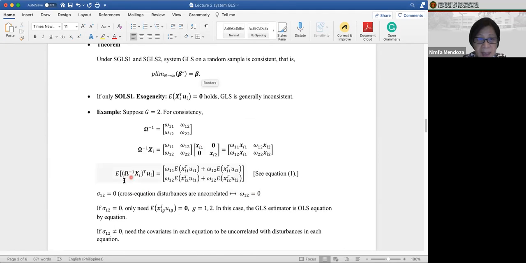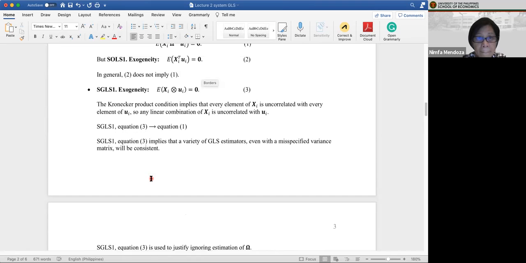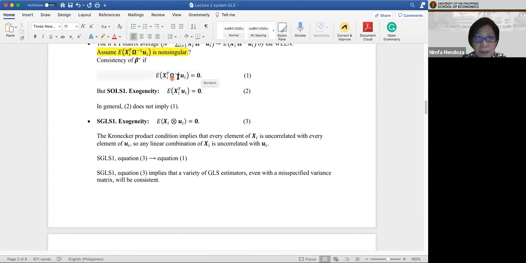Then let's get the transpose of omega inverse X sub I, multiplied by U sub I. That gives us X sub I transpose omega inverse U sub I. For consistency, we should get the zero vector.